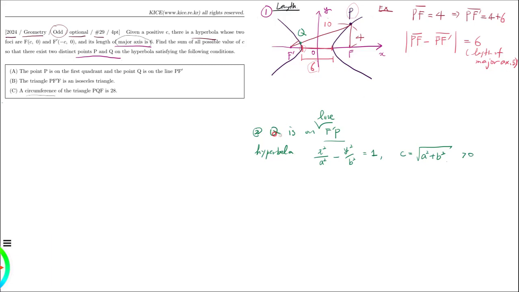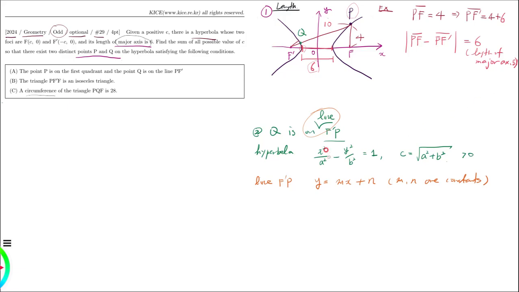And the line equation F prime P is something like y equals mx plus n, where m and n are constants.